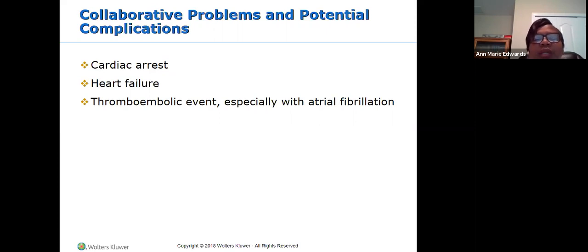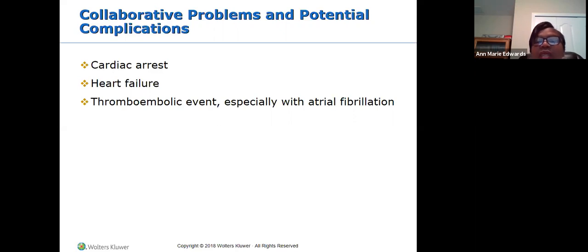Okay, collaborative problems and potential complications. These patients with dysrhythmia are at high risk for cardiac arrest. They're at risk for heart failure, and they're also at risk for thrombotic events, especially with atrial fibrillation. Remember, in AFib, the heart is not contracting, it is barely shaking. And because it is quivering, there is stasis of blood and clot formation.